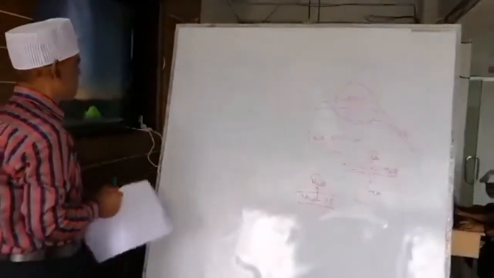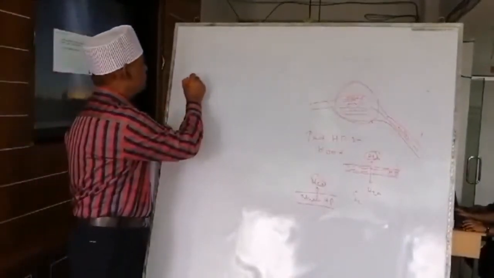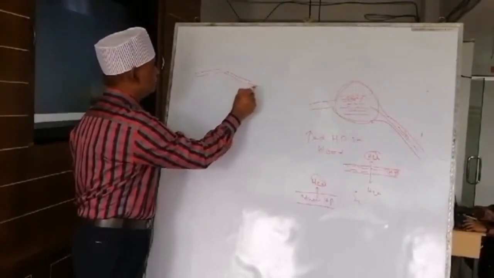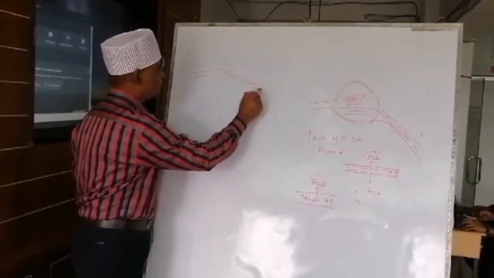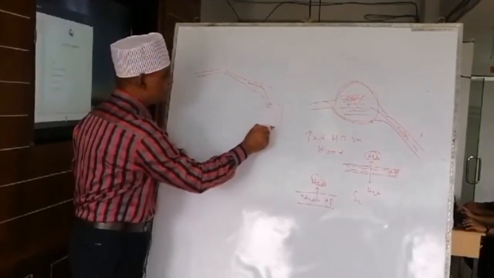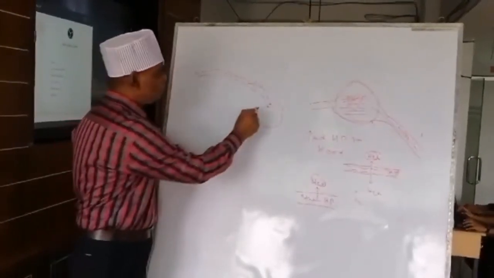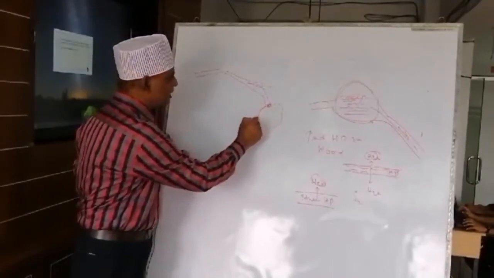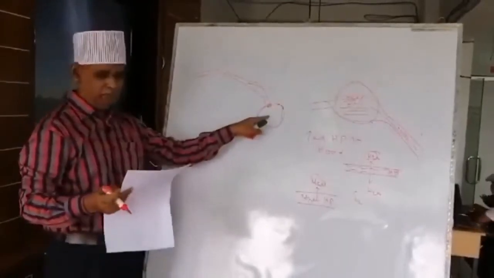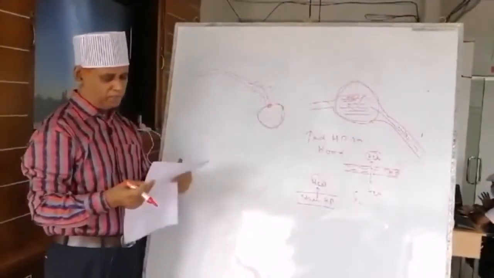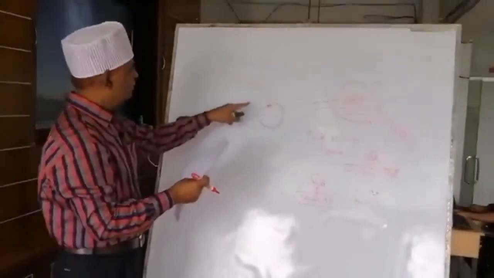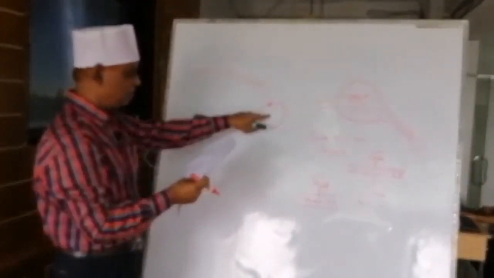In the heart, suppose this is the coronary artery and this is a branch of the coronary artery. If this branch is occluded and it supplies this area, this area is devoid of arterial blood supply and undergoes ischemic necrosis. So, there is pale infarct.